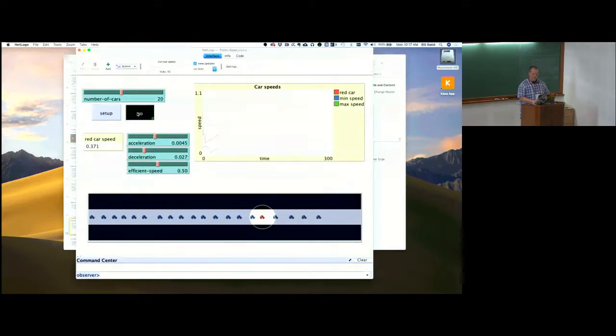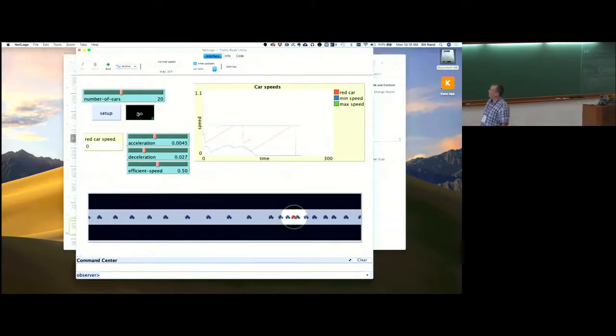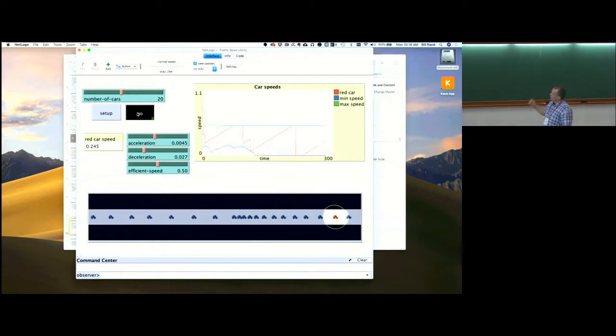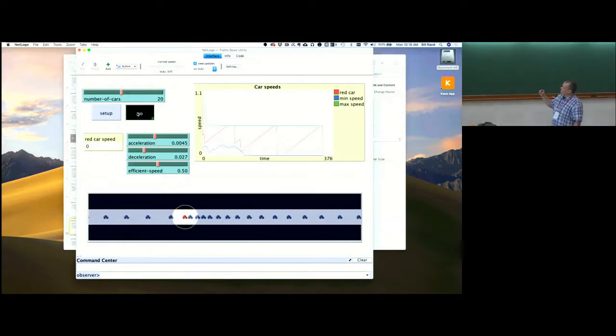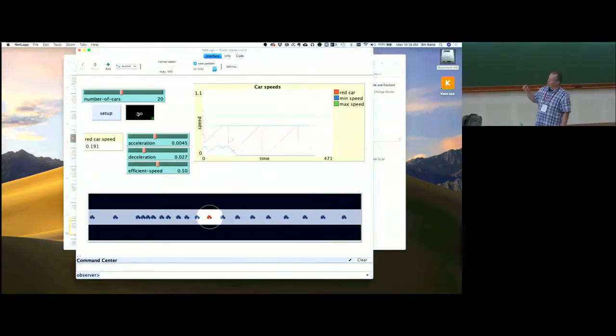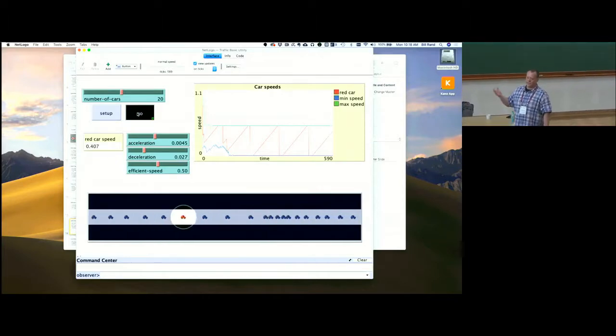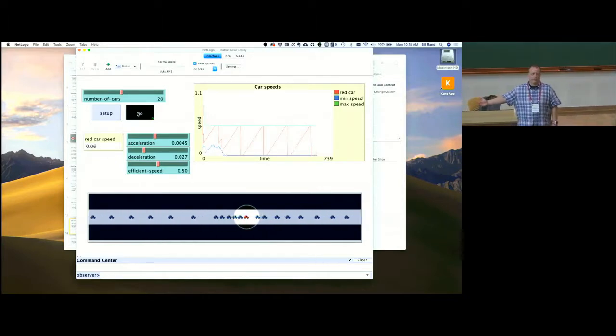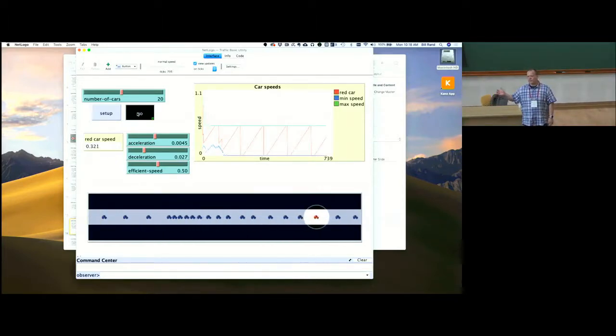So in this model, what is interesting, as you will see, is that unlike the other one, we can eventually adjust that efficient speed to actually even prevent traffic jams from occurring. Because another way to think about it is, rather than thinking about efficient speed as being an efficient speed for fuel efficiency, you can think about it as an efficient speed to prevent congestion.